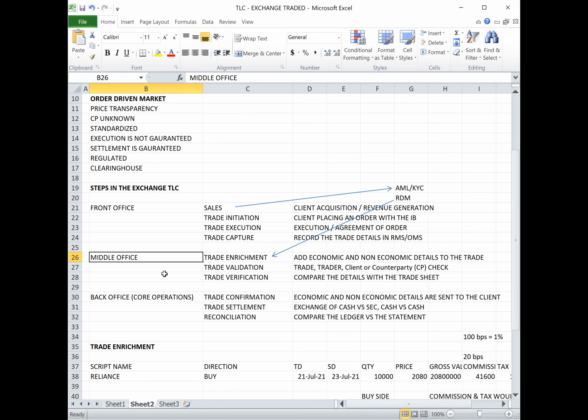They make sure the front office guys are not engaging in businesses which are posing too much risk for the investment bank. They also do compliance. They make sure that whatever is happening is happening in compliance with the rules and regulations. That is the main role of middle office.